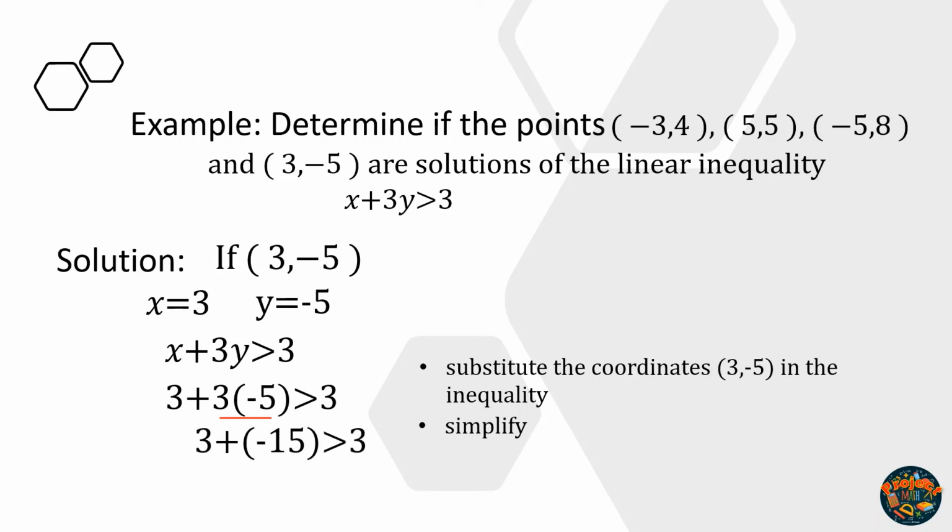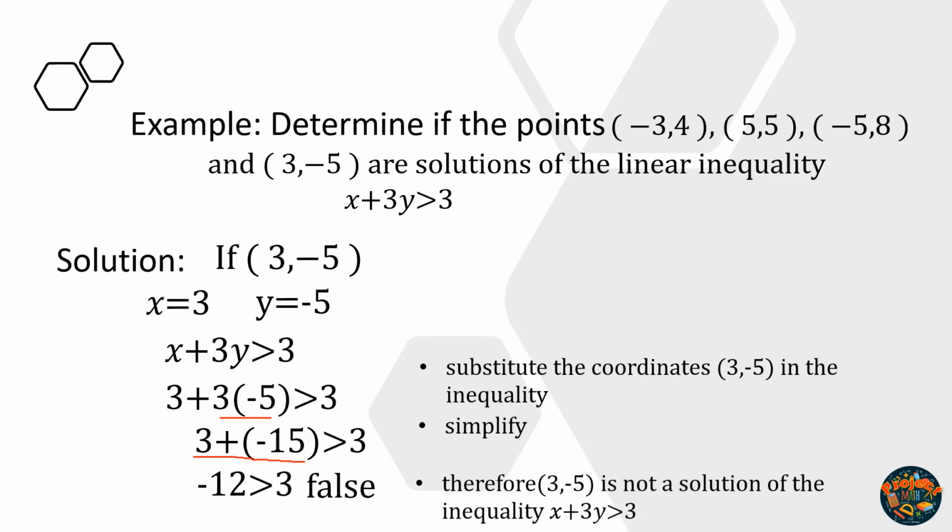So we have 3 plus -15 is greater than 3. Then, combine 3 and -15. Since unlike signs, we have to subtract. So we have -12 is greater than 3, which is false. So we can say that (3, -5) is not a solution of the inequality x + 3y is greater than 3.